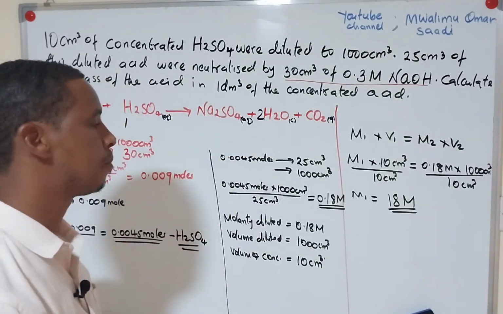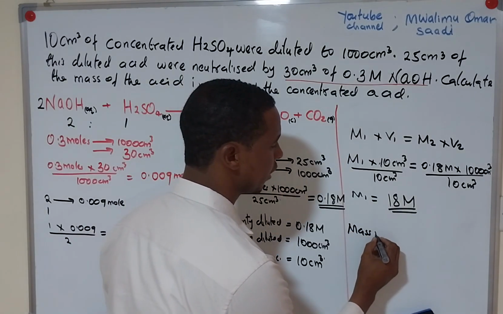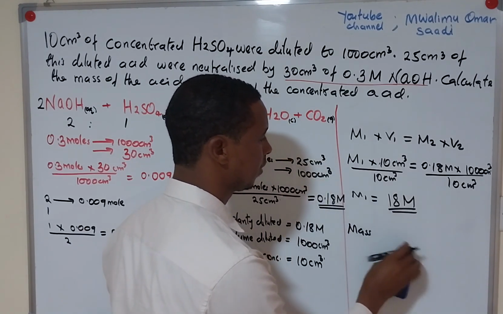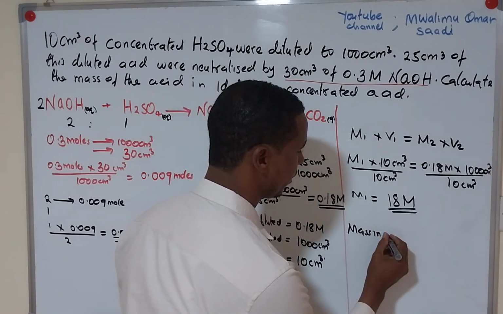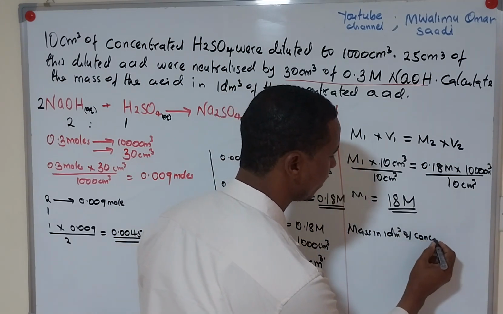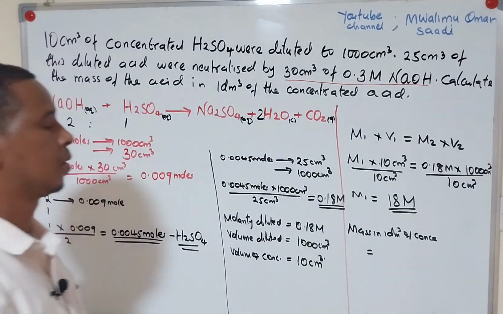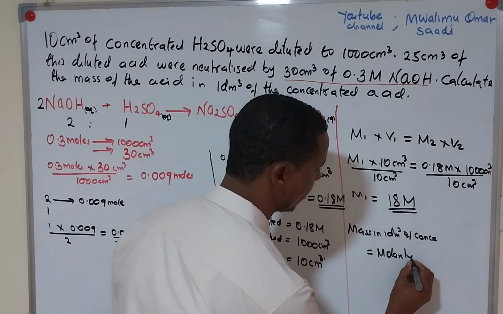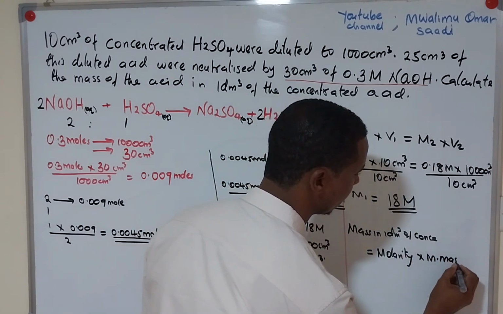So to get now the mass in 1 dm³ of the concentrated acid, it will be equal to molarity times molar mass.